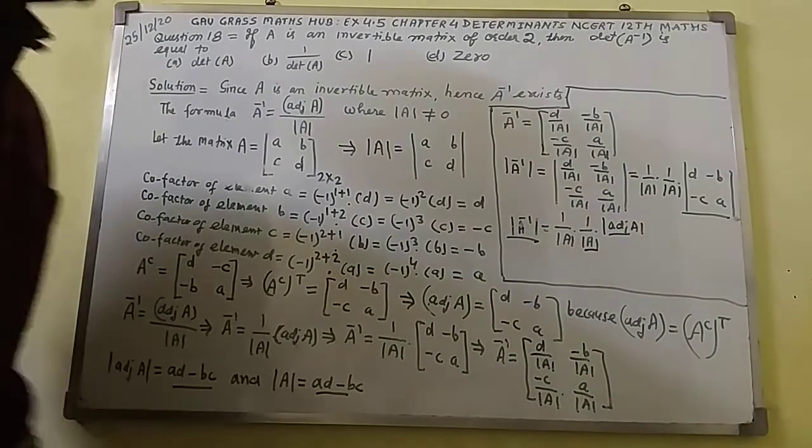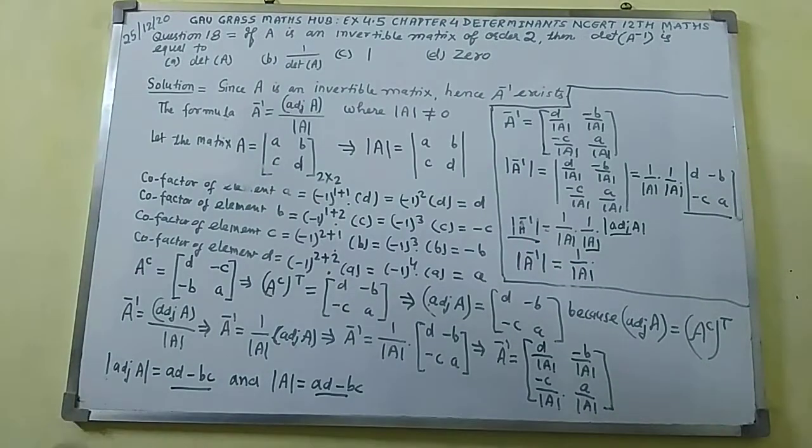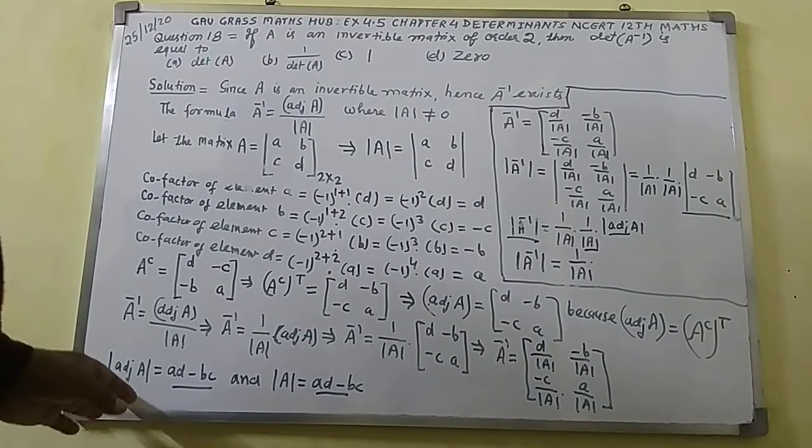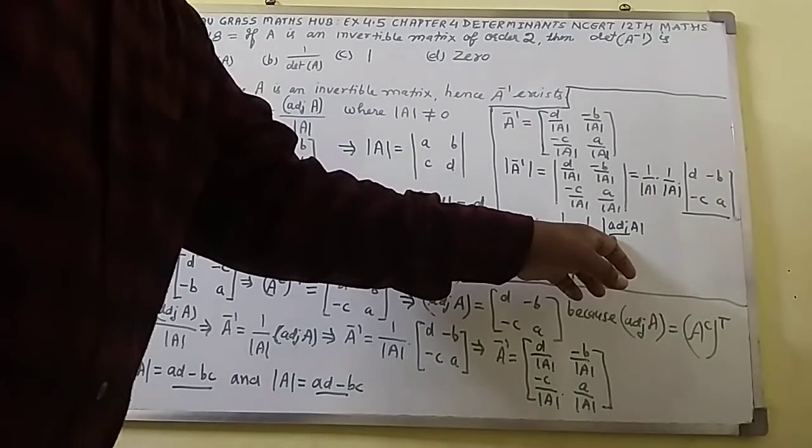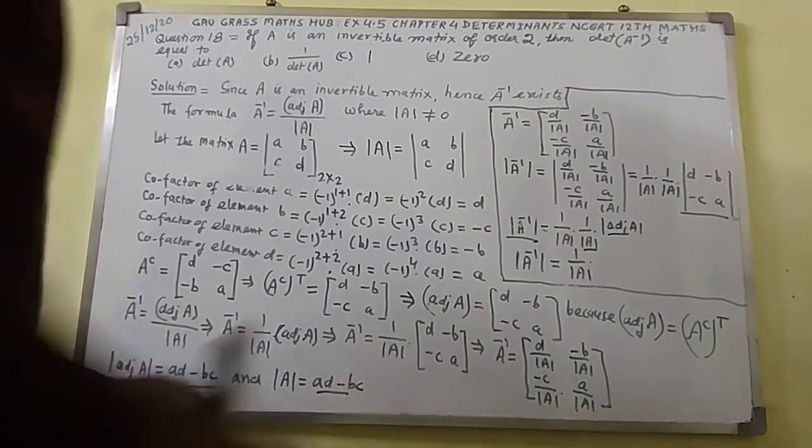So here I can write easily determinant of A inverse comes out to be 1 over determinant of A dot, and here determinant of adjoint A comes out to be ad minus bc.